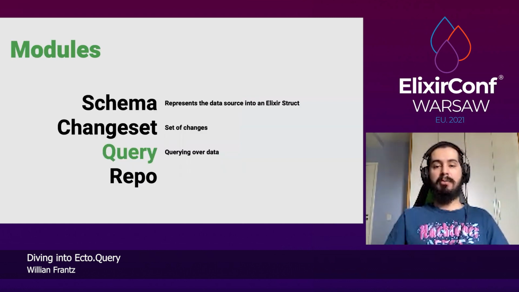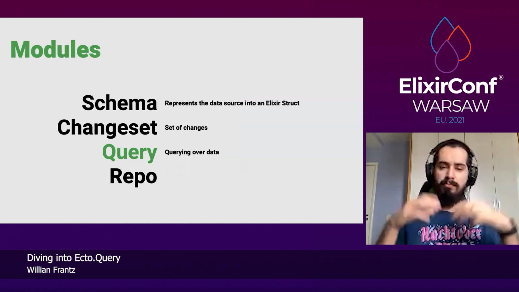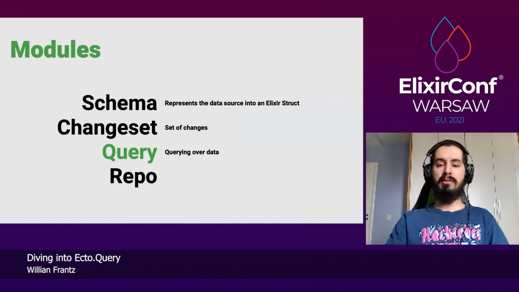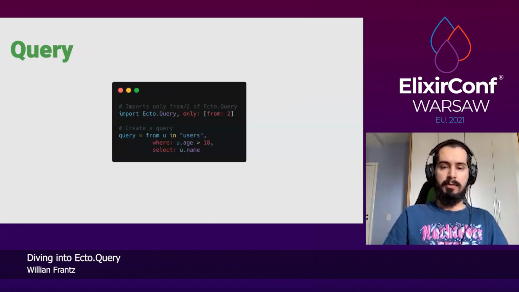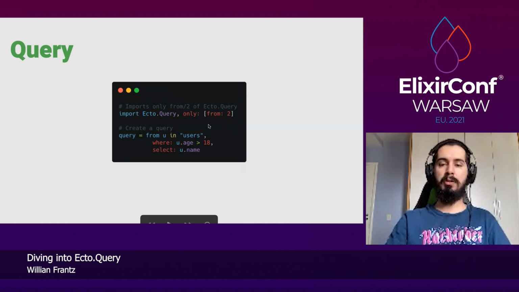We have query, which is the module that we use to query over data. So we build queries the same way that we do when we are dealing with SQL languages. And this is some example. In this example, I'm just importing the Ecto.Query functionality called from with two arguments.